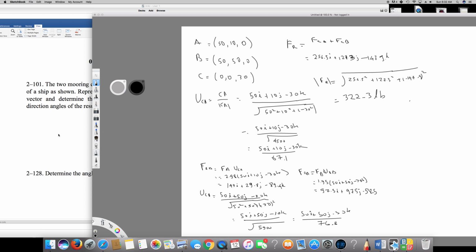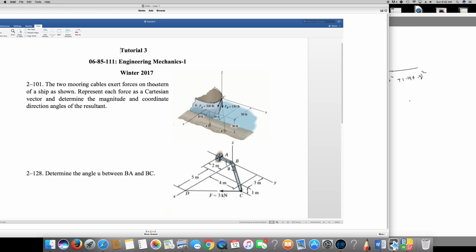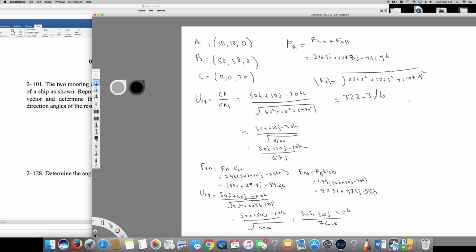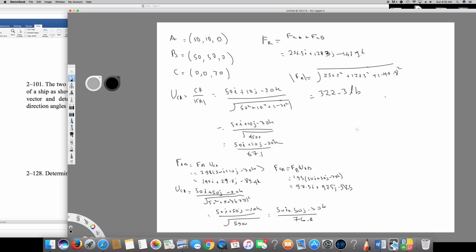And the question is, the two mounting cables shown represent the force as a Cartesian vector; determine the magnitude and coordinate direction angles of the resultant. So now we have found the magnitude of the resultant force, but they are asking for the angles too. Therefore, I have to find alpha, beta, gamma.